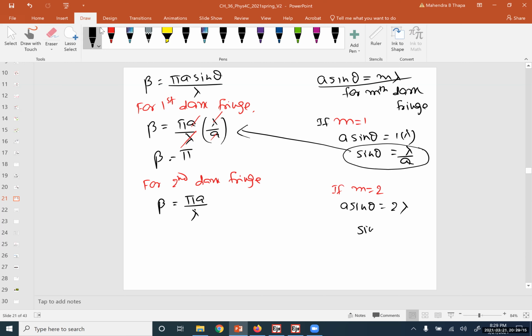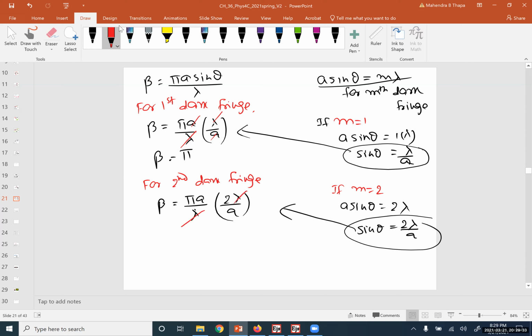Then in this case, sine theta equals 2 lambda over a. If I replace sine theta for the second dark fringe by this, then further simplification gives me beta equals 2 pi.